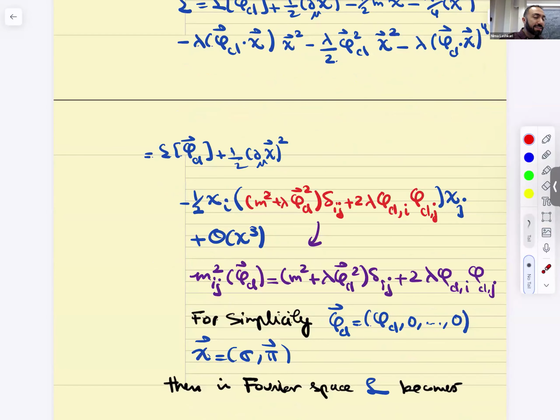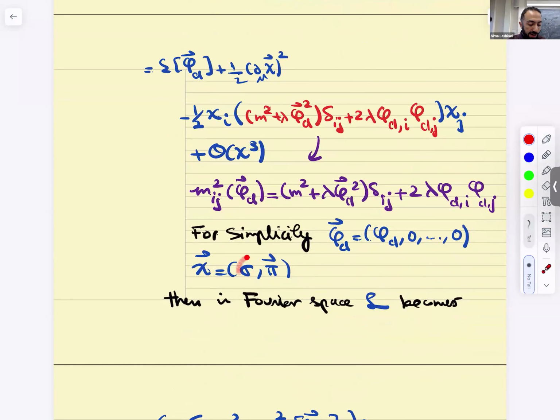So instead of a mass as a scalar, as a number, you have the mass matrix. Hopefully that's clear. And the mass matrix is like this. It's convenient to take phi classical to pick directions and pick it to be in a particular direction, so that this is just 1, 1, to simplify our life.